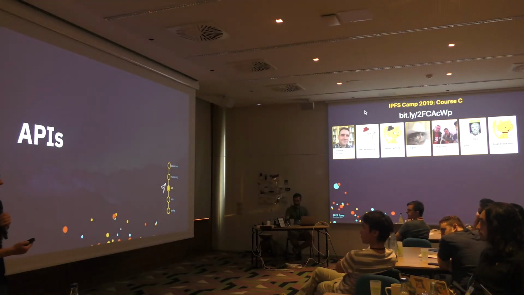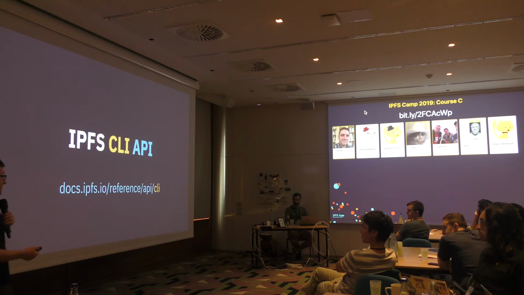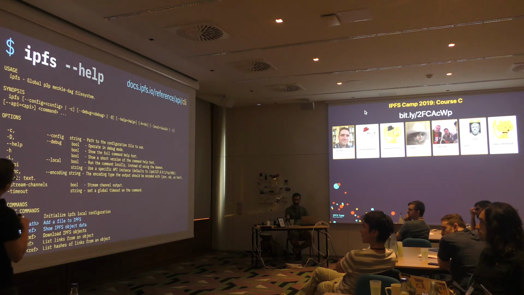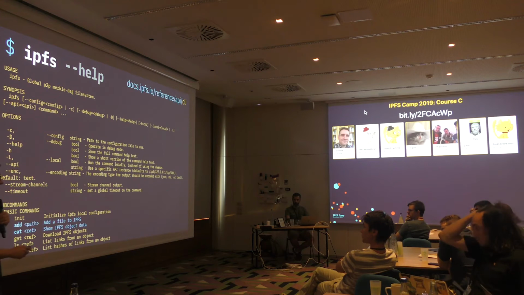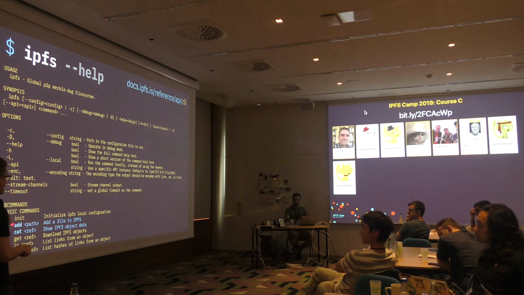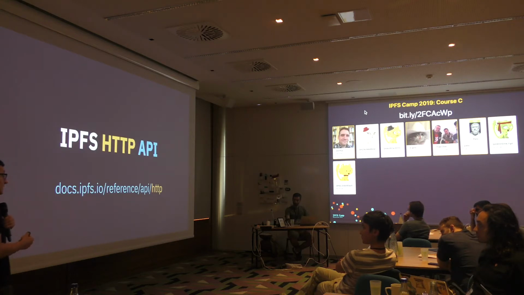Let's talk about APIs. IPFS comes with the IPFS command line interface, which is the ipfs command, and you can use it for interacting with your local nodes. During this course, we'll use some of those commands. The list is much longer; it did not fit on the screen. However, the same API is exposed over HTTP.